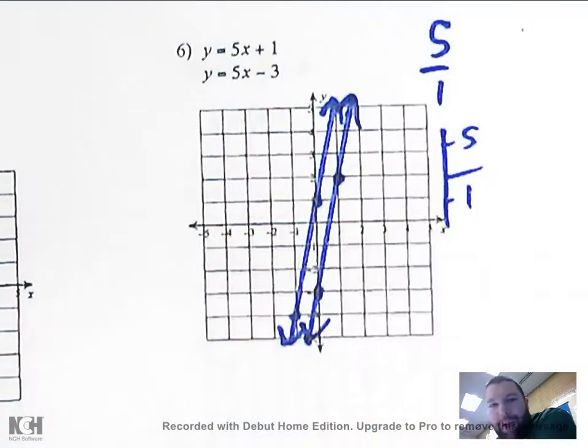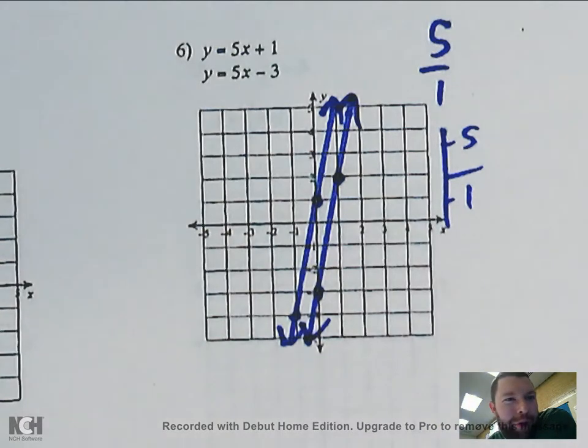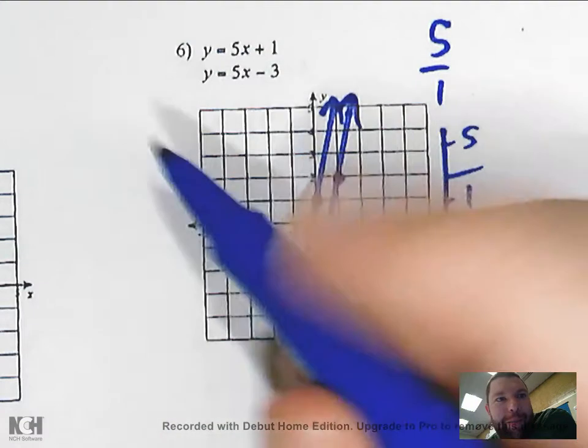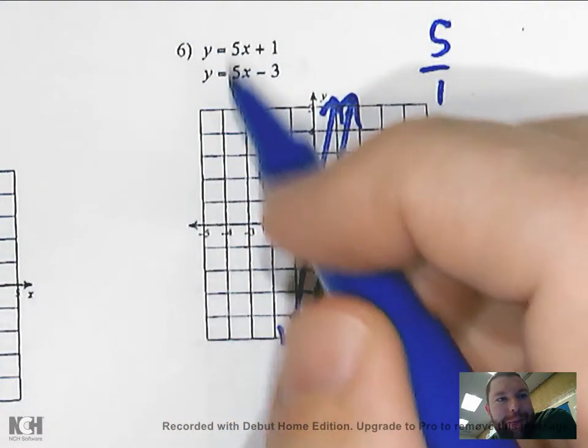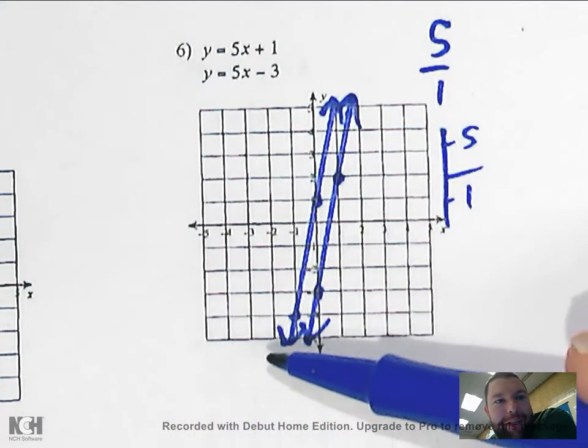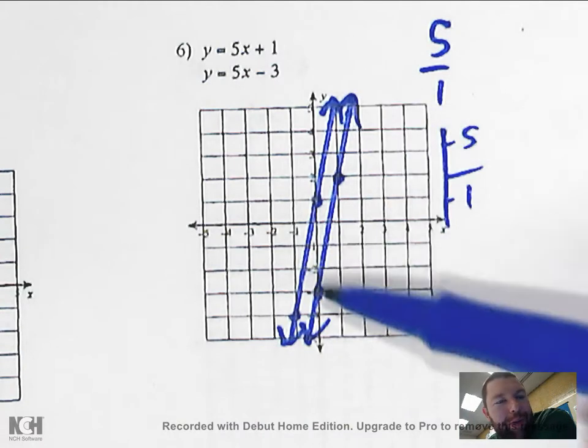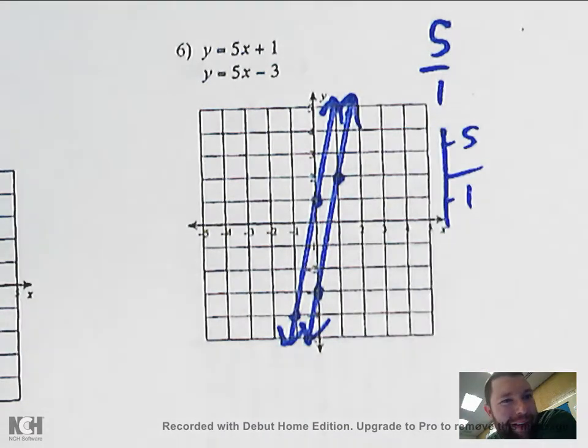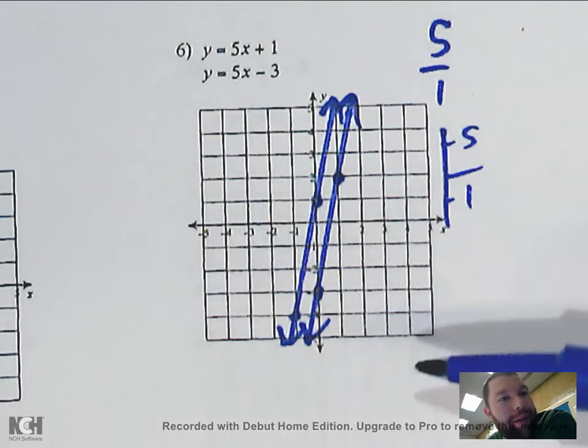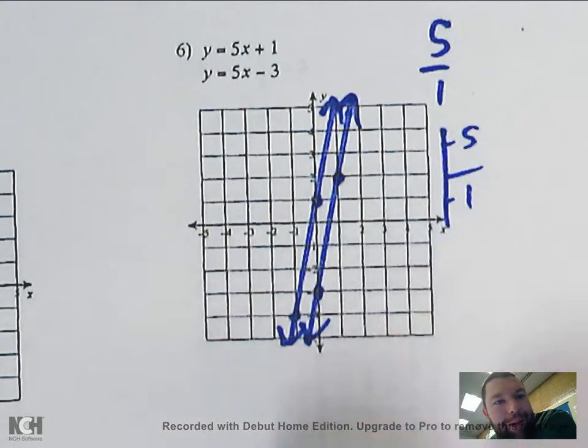Now these lines don't touch. Did I do something wrong? No. I did everything right, but these have the same slope, right? Which means they're increasing at the same rate. So if they aren't started in the same spots, they're never going to touch. These are what you call parallel lines. Parallel lines never touch. Any line that has the same slope is going to be parallel.